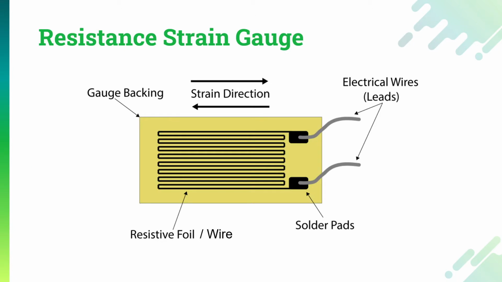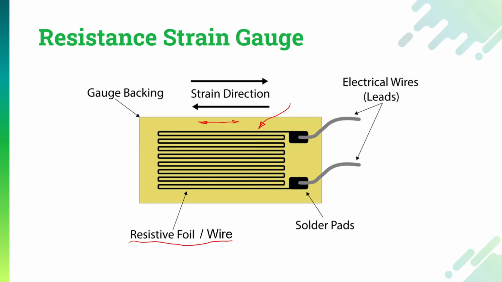So let us start with the strain gauge introduction. As we have already learned in the previous session, a resistance strain gauge is basically a wire or a resistive foil, which will change its resistance whenever strain is applied. Whenever strain is applied, it will change its dimensions.